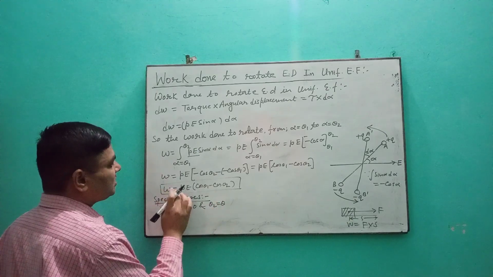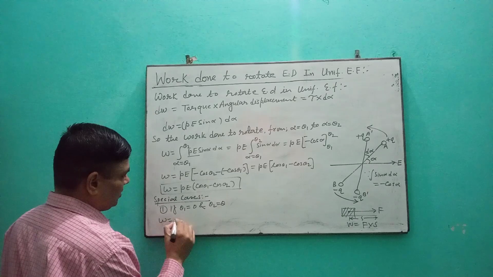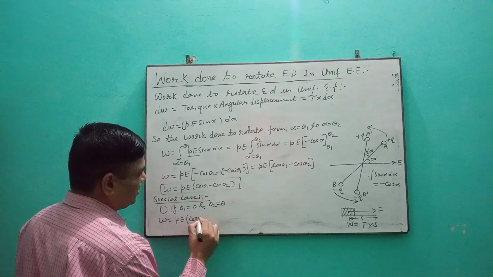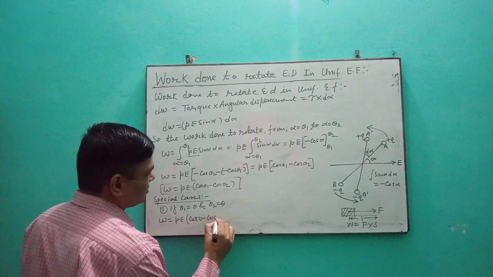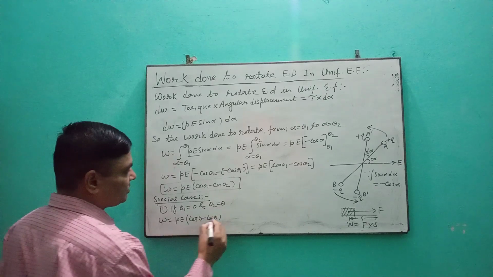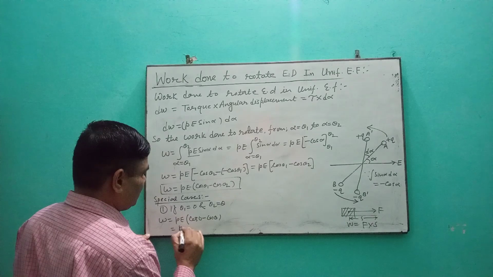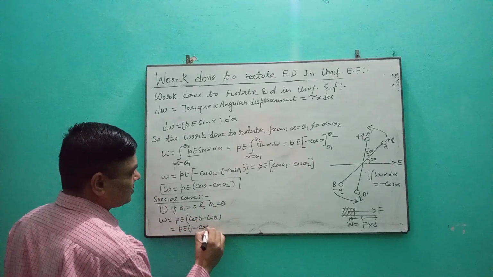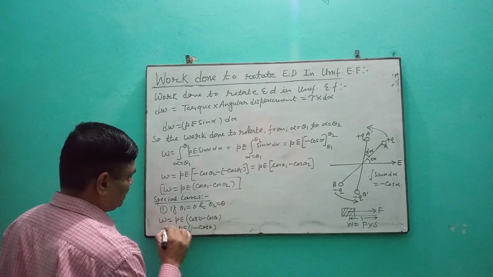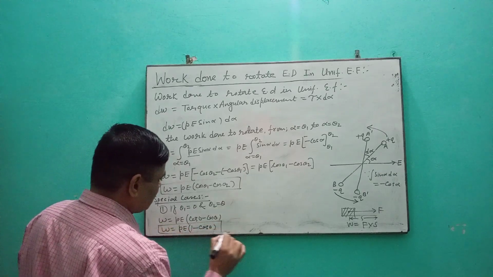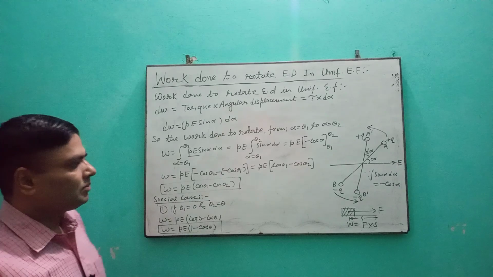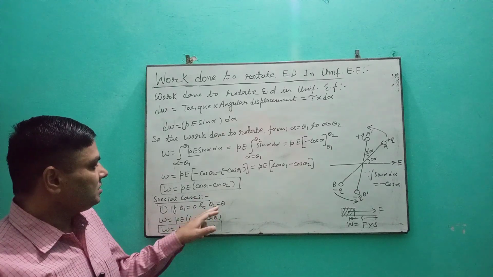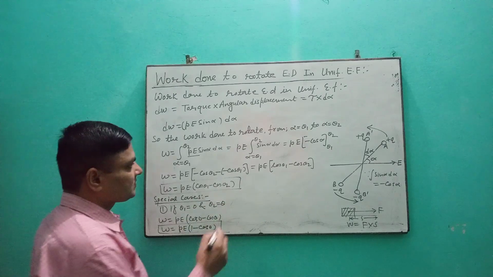So the work done will be W is equal to P into E into cos 0 minus cos theta, and it will become P into E. Cos 0 is 1, so it will become 1 minus cos theta. This is the value of work done to rotate the electric dipole from its initial position, which is parallel to the electric field, to its final position theta 2 equal to theta.